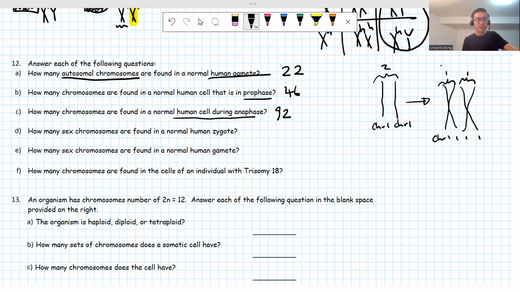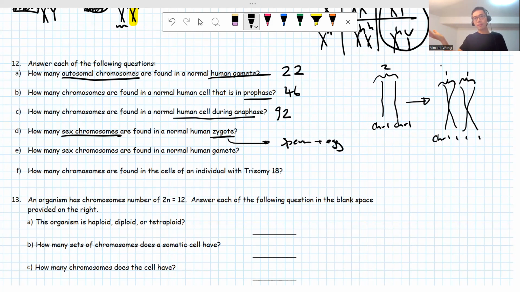How many sex chromosomes are found in a normal human zygote? Zygote is what you get after the sperm merges with the egg. Sperm has 23, egg has 23, merged together you have 46. But now they're only asking for the sex chromosomes.